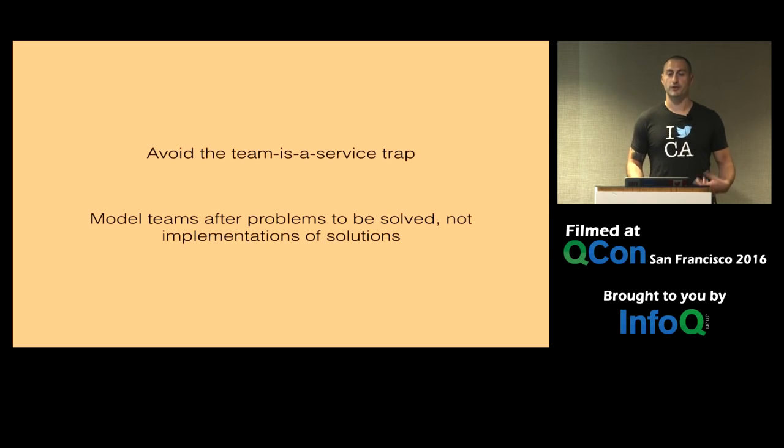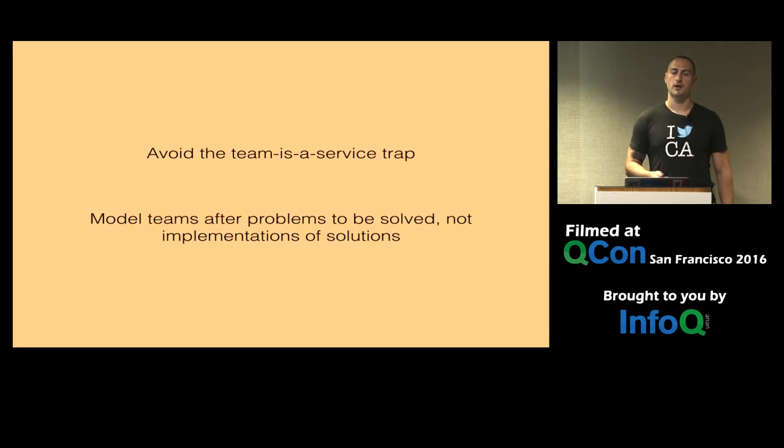The first is avoid the team as a service trap. So as I mentioned, we're a microservice-oriented architecture at Twitter. What that tends to mean at Twitter is that there's a team that operates a service. So if you have team A, they operate service A. And as team objectives and goals tend to change, the team often feels compelled to put the new workflows for the new tasks into service A, even though it might not make sense.